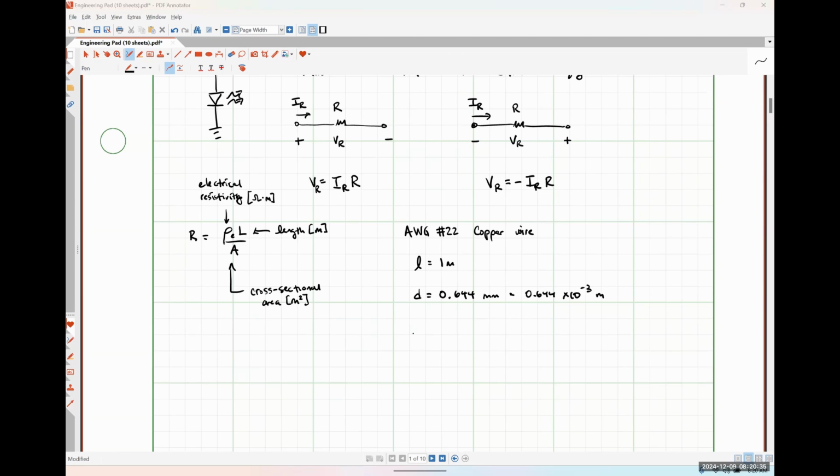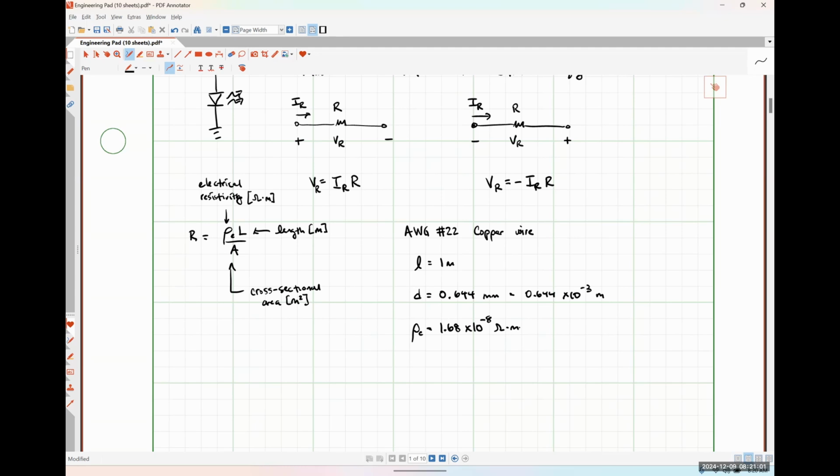And if we had copper wire, the resistivity of copper, we'll look that up real quick, is 1.68 times 10 to the minus 8 ohm meters.